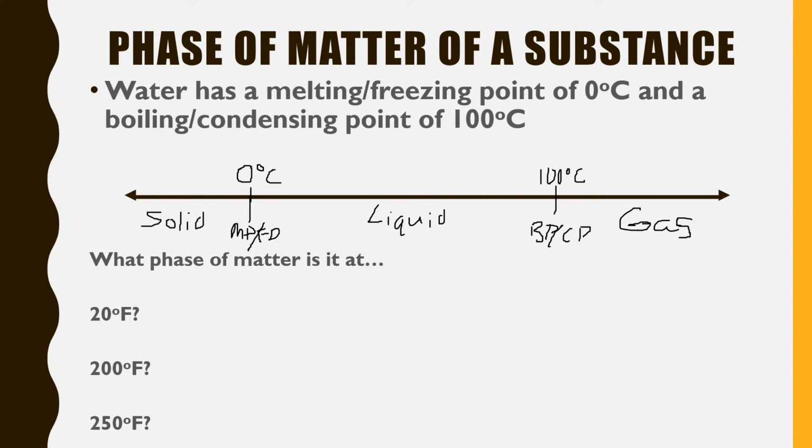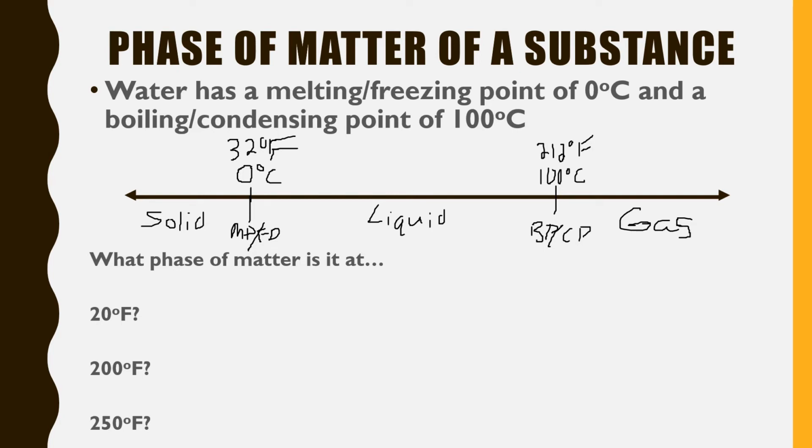I also need you to know that it freezes at 32 degrees Fahrenheit and it boils at 212 Fahrenheit. If you don't know that, but you do the Celsius, you could then plug it in the equation. You could solve.